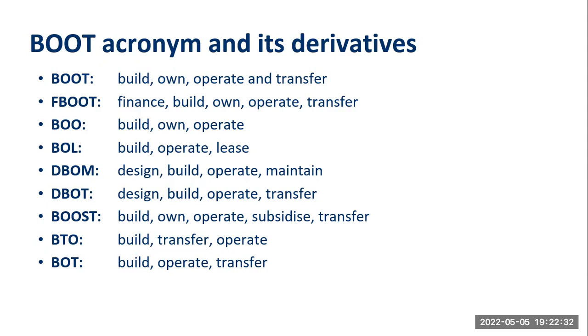The investor builds the hostel, owns it, and operates it, and after some years, they transfer it. That happens when the investor has finished recouping the money invested in the business. Then he or she gives it back to the owner of the land, like the University of Ghana.